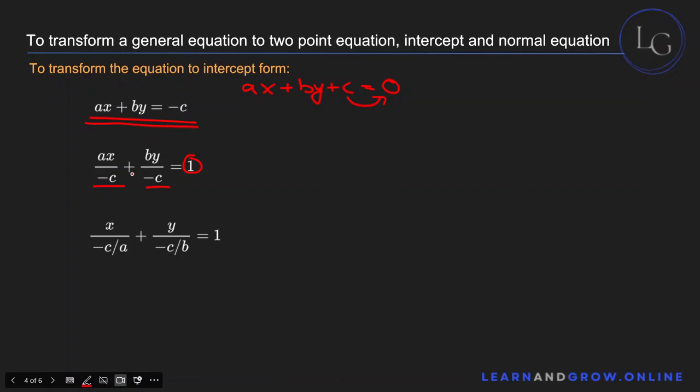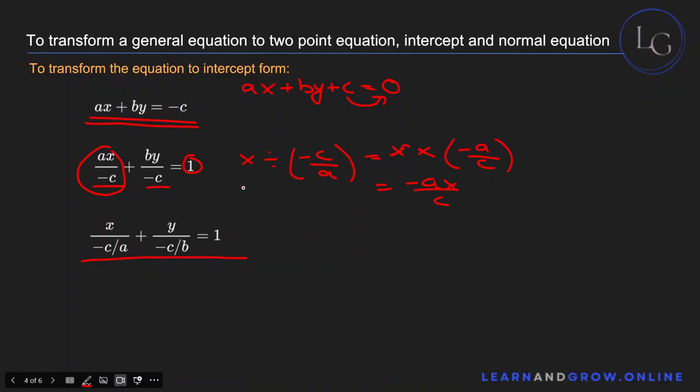Now all you need to do is convert it into this form, because x divided by negative c over a is equal to x multiplied with negative a over c, which is equal to negative ax over c, which is just what we had over here. And same goes for by over negative c.